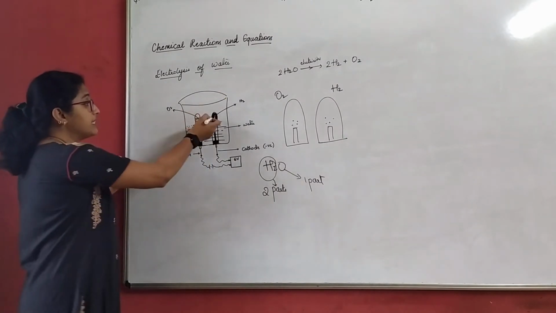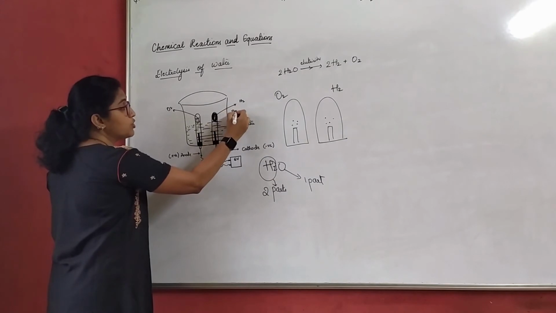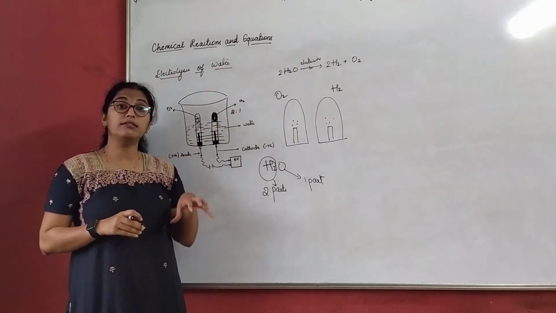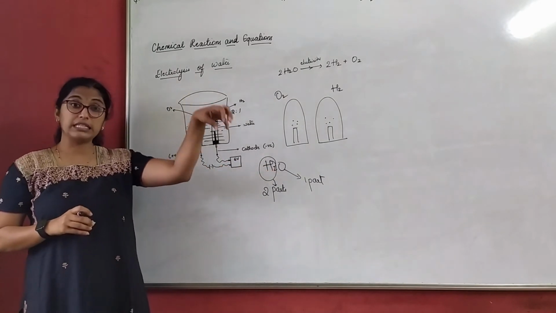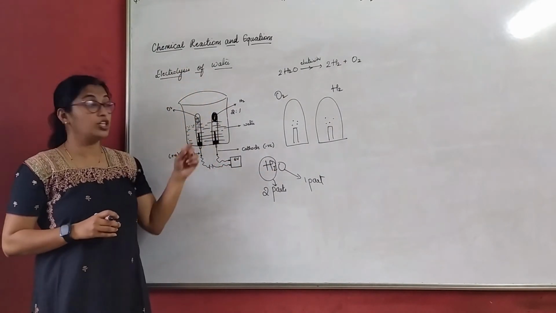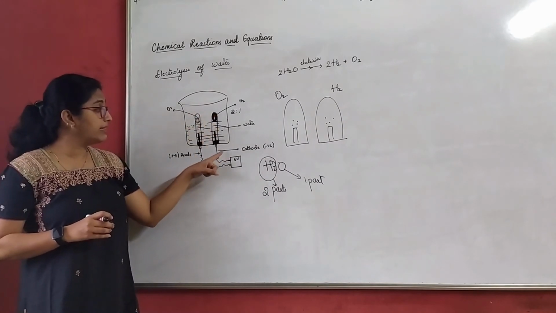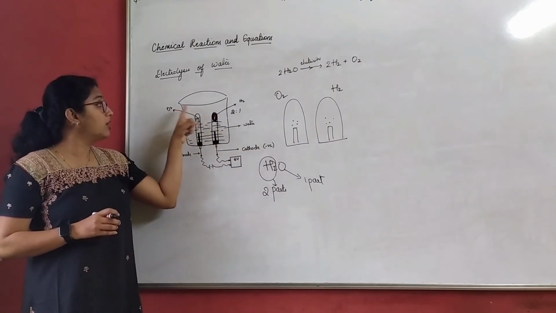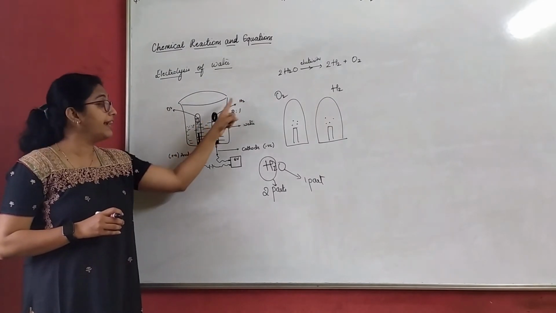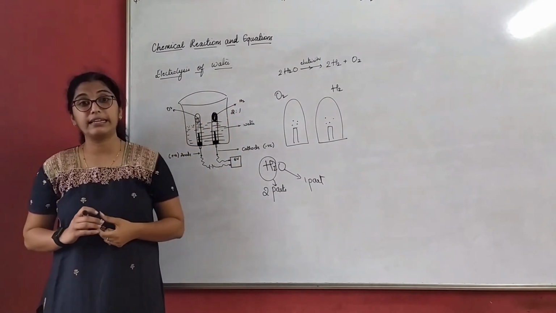So it is always in the ratio 2:1, hydrogen is 2 and oxygen is 1. Oxygen is collected at the positive terminal and hydrogen is collected at the negative terminal.